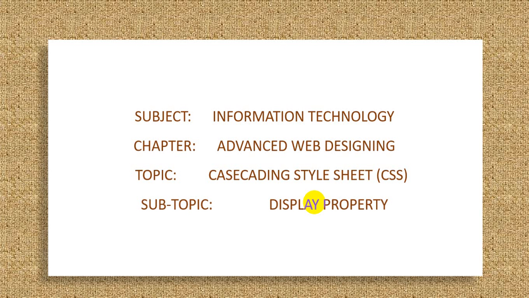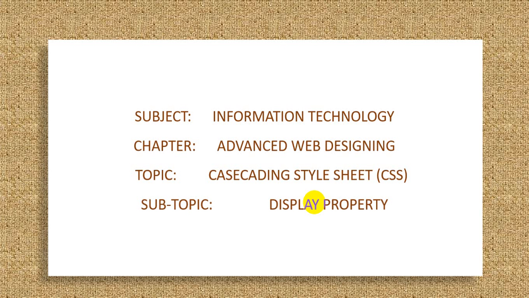Some HTML elements will display in a single line, which means they will not display on a new line, and some HTML elements will take a new line to display. That new line is called a block, or that block is called a section where the block element will display.